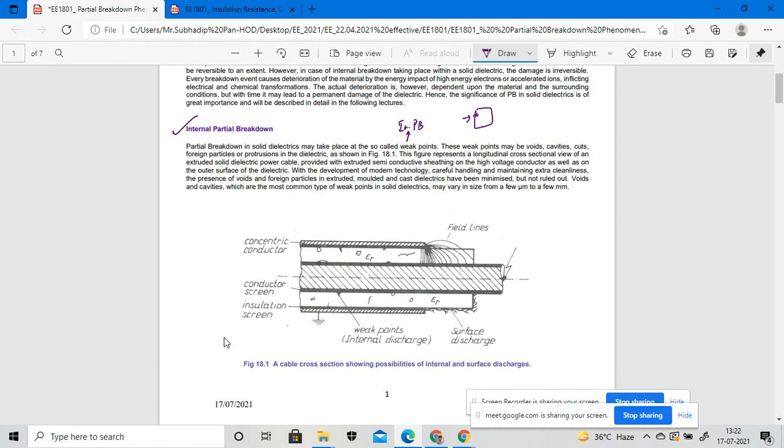This will be the cross sectional view of the cable. The figure shows a cable cross section showing the possibility of the internal and the surface discharge, where the discharge process takes place in the transmission line or the cables, that we will observe in this figure.